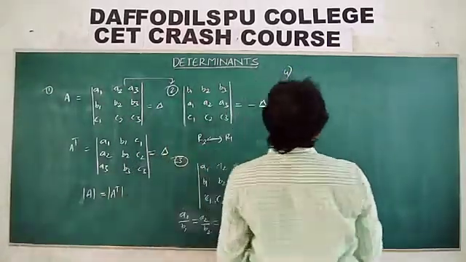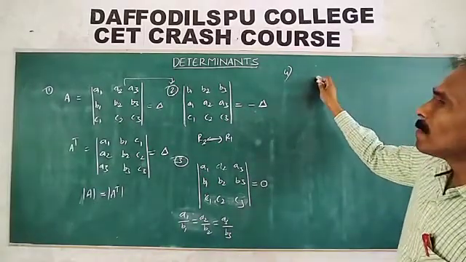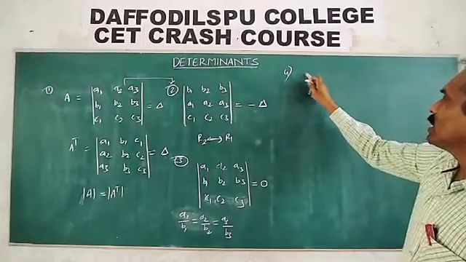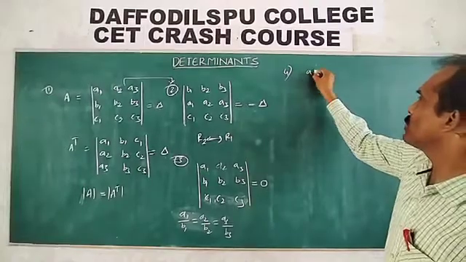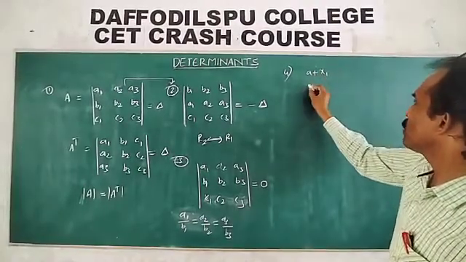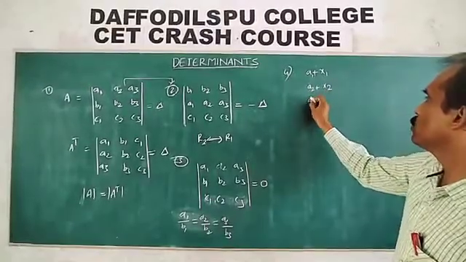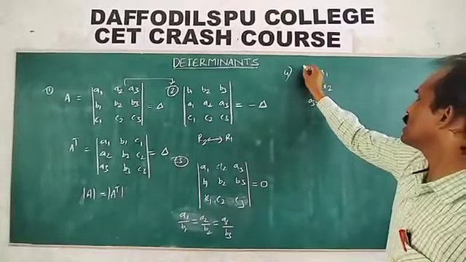Fourth one: in a determinant, either a row or a column can be expressed as a1 plus x1, a2 plus x2, a3 plus x3.